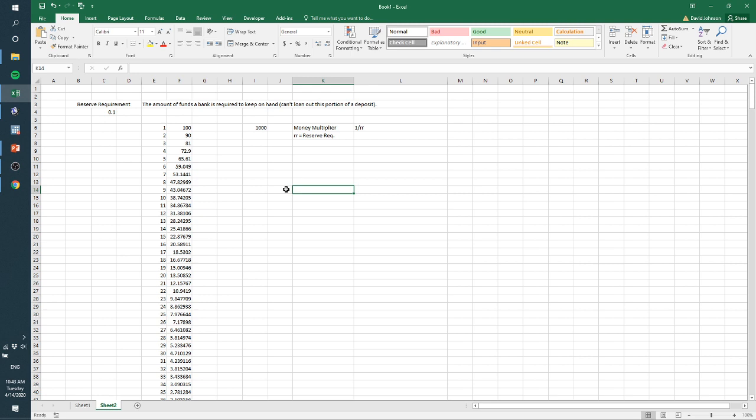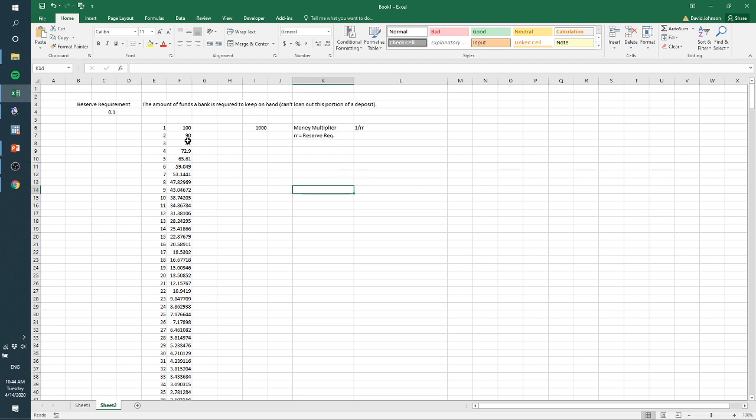There are more complicated ones, and they will all result in a smaller amount of money created. So right now, this model is assuming that banks don't hold any excess reserves, and people also don't hold any excess cash, because what that means is that new deposits are missing some amount.